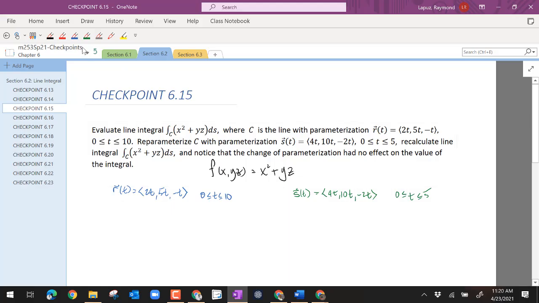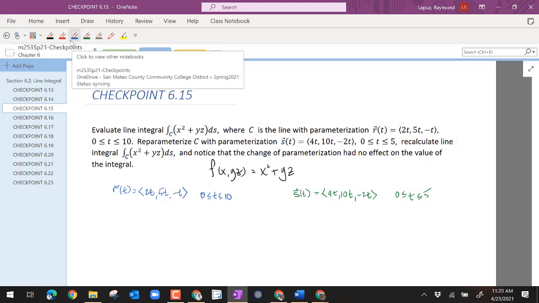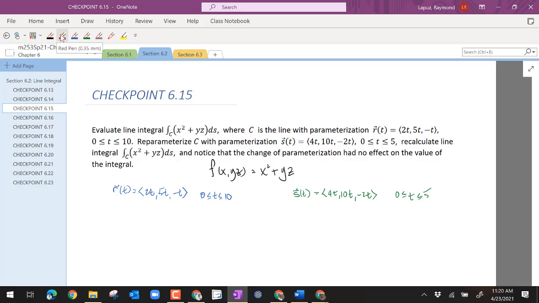Now they want us to compute the line integral for each of these different parameterizations of C. For the first one, we want the line integral, and we want to evaluate f at r of t, and the ds becomes the magnitude of r prime of t dt, and we're going to take this from 0 to 10.